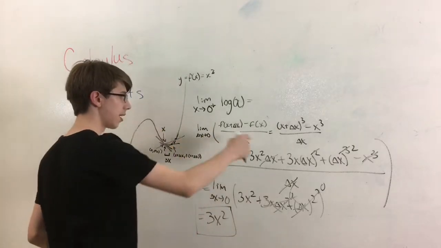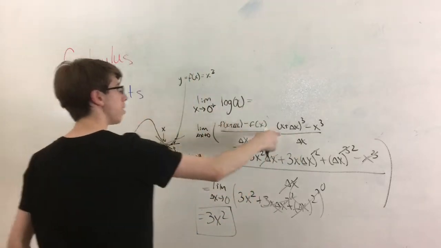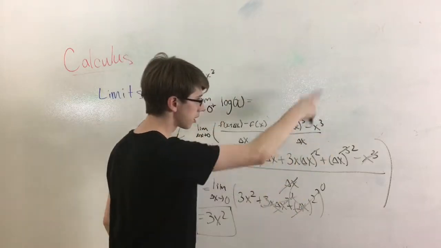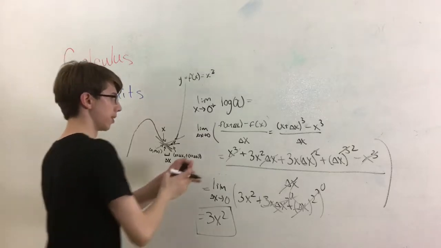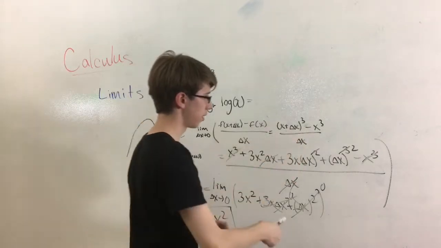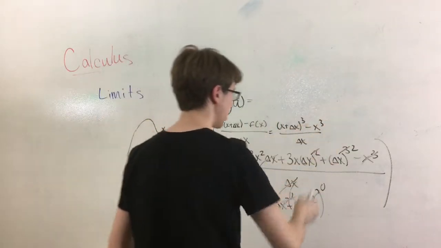And so then we just plug in our values to our x cubed, right? We get x plus delta x cubed minus x cubed over delta x. And then we do binomial expansion: x cubed plus 3x squared delta x plus 3x delta x squared plus delta x cubed, minus x cubed. We cancel out the x cubed.